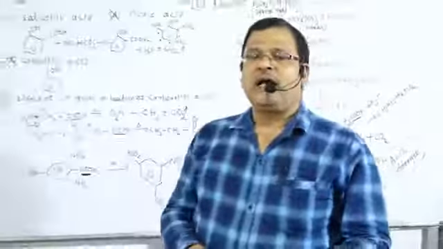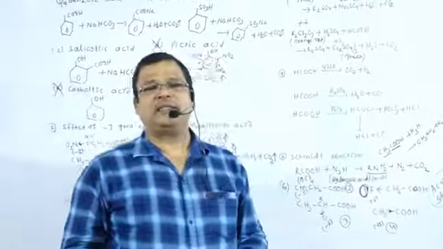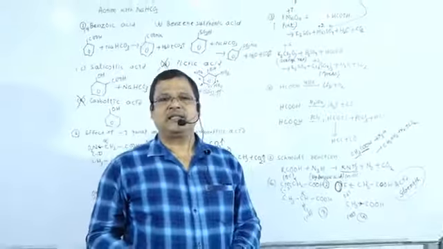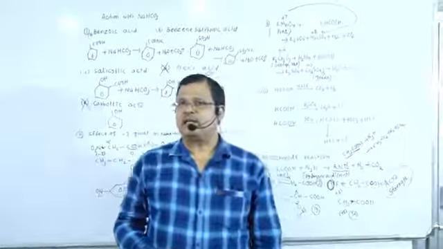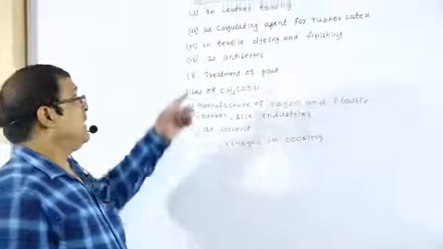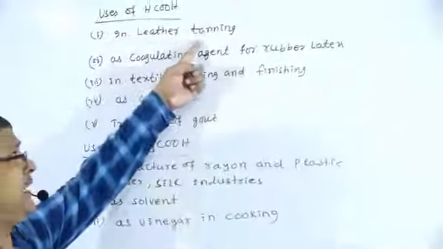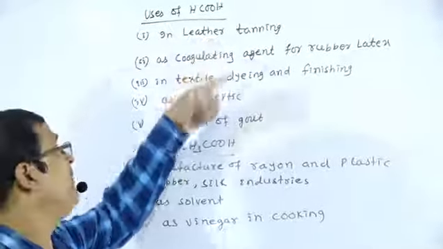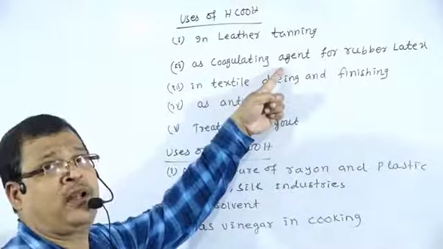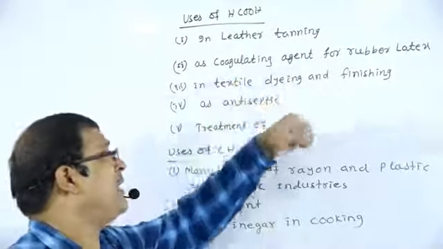Next we will analyze some applications, that is, the uses of formic acid and acetic acid. Formic acid is used in leather tanning. Second, as a coagulating agent for rubber latex.